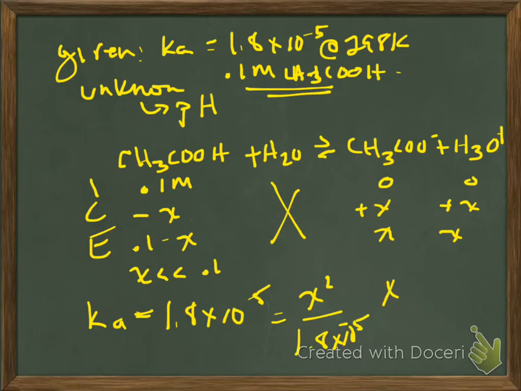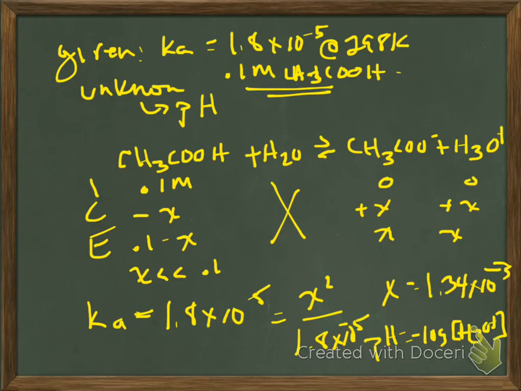Solving for x, x is then equal to 1.34 times 10 to the negative third. That is less than 5% of your 0.1, so you're okay. The pH is then equal to the negative log of the concentration of hydronium, which is x. Putting that in the calculator, you should get 2.87.